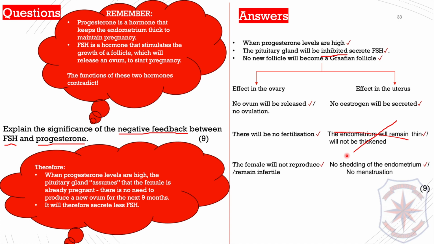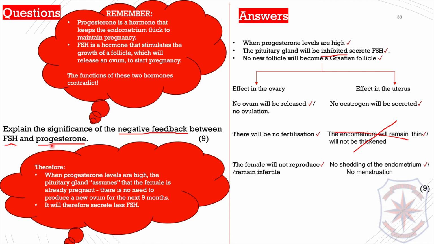The growing offspring needs to keep on being implanted or attached to the thick endometrium for the remainder of the pregnancy period. Should the endometrium shed during pregnancy, it will result in a miscarriage. Hence, the progesterone levels need to be kept high at all times.